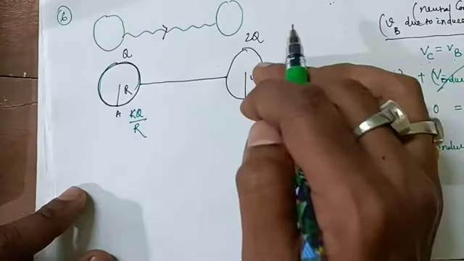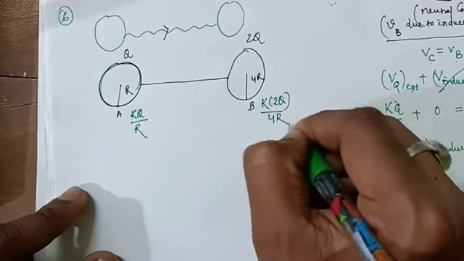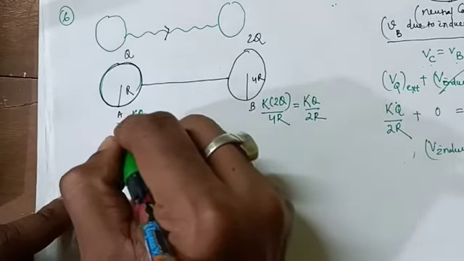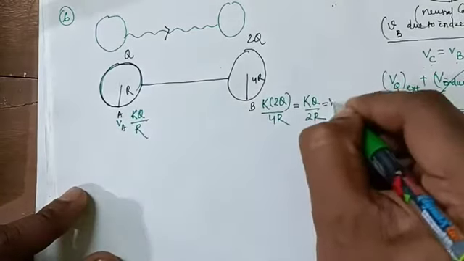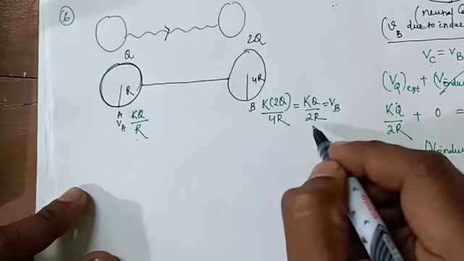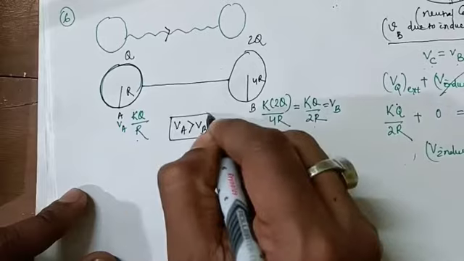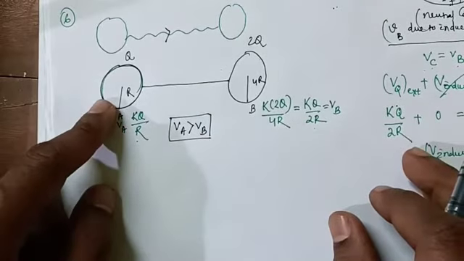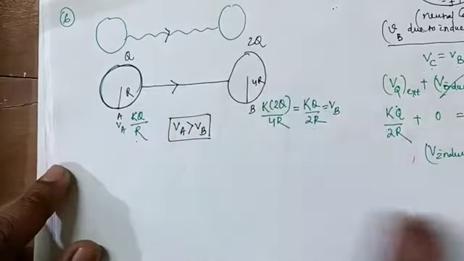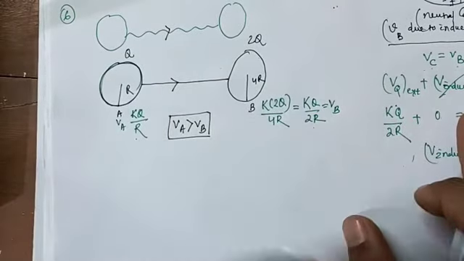And the potential of this sphere is k 2q upon 4r, which comes to kq upon 2r. This is the potential of A, and this is the potential of B. Whose potential is more? kq upon r versus kq upon 2r. So definitely the potential of A is greater than the potential of B. If A is at higher potential and B at lower potential, charge will flow from sphere A to sphere B.